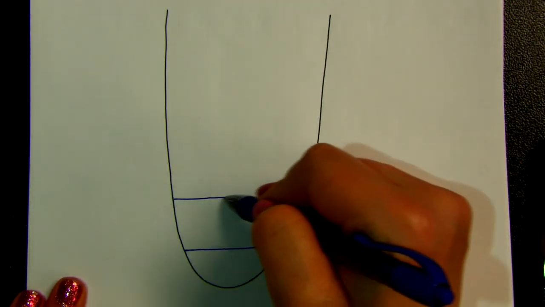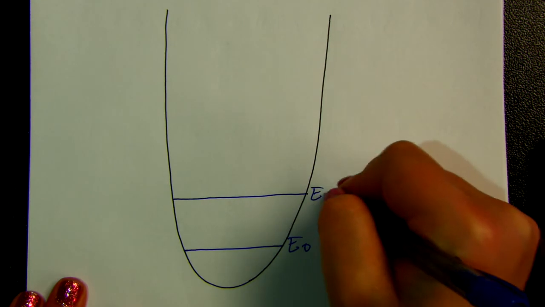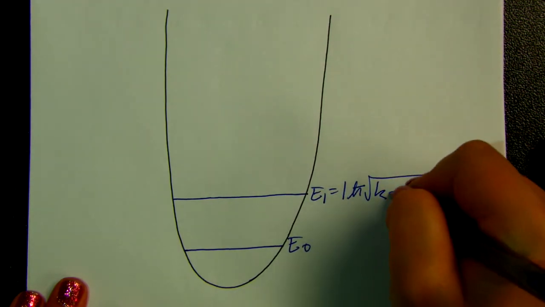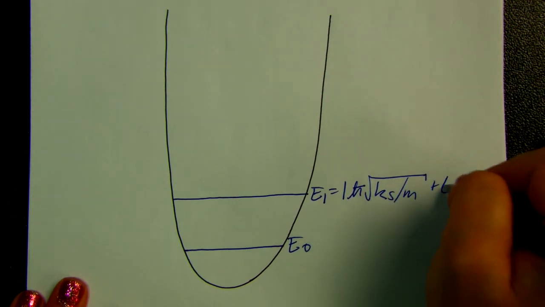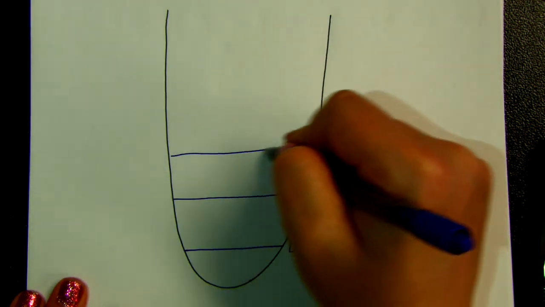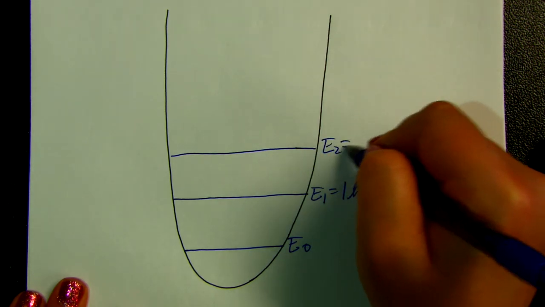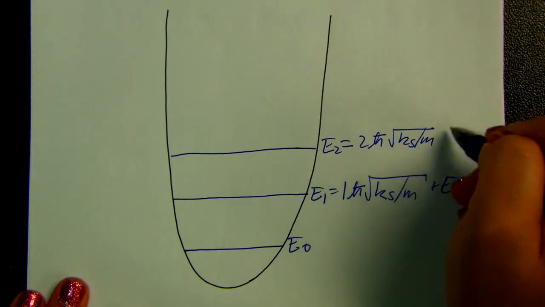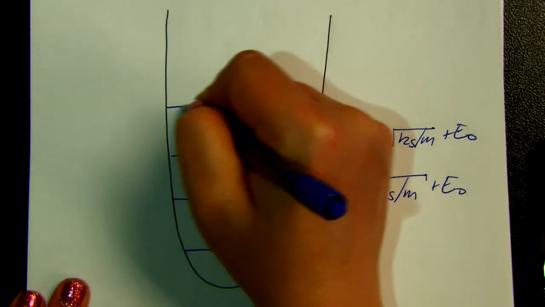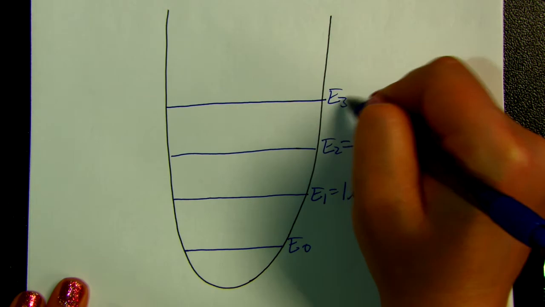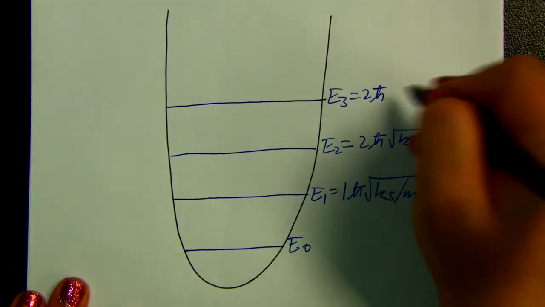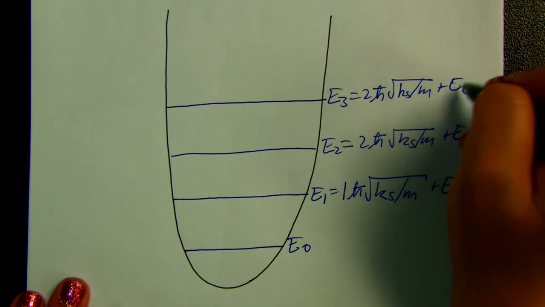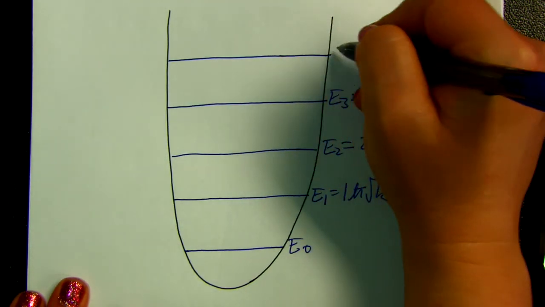Then you'd have your first excited state, E1 is equal to 1 h bar square root of Ks over m plus E naught. Your second excited state, E2 is equal to 2 h bar square root of Ks over m plus E naught. Your third excited state, and so on and so forth.